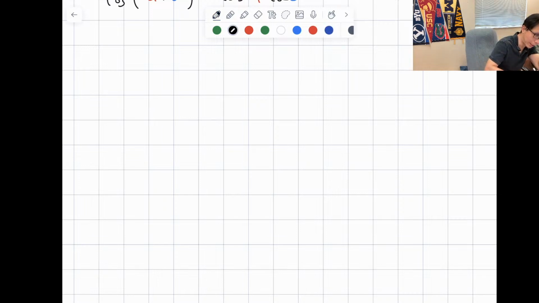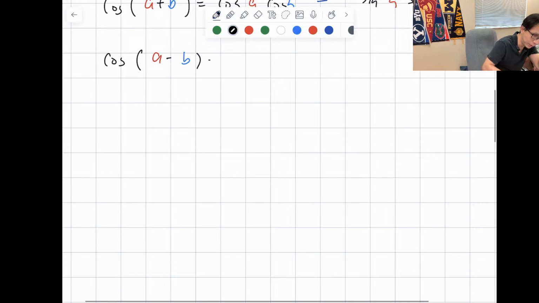So I'm gonna write down cosine of A minus B. We know it's the same group, so it's gonna be cosine, cosine, sine, sine.